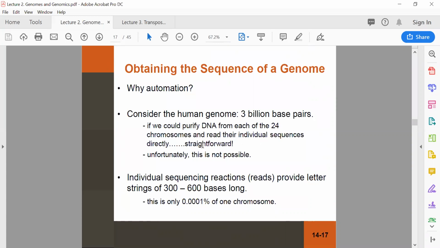But we can't do that. That's just not possible. The technology to take a single chromosome and sequence that entire chromosome just doesn't exist.